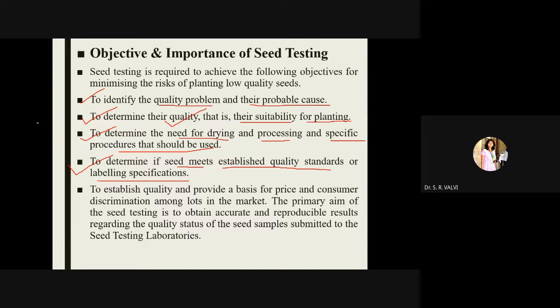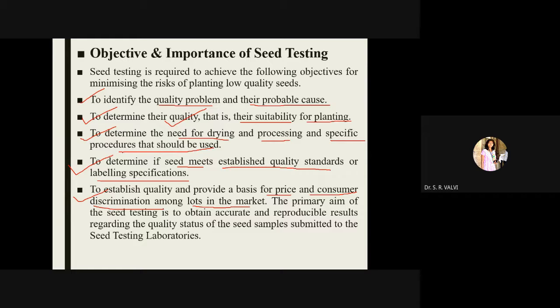So again we have to identify the labeling as well as the quality standards. Next, to establish the quality and provide a basis for price and consumer discrimination among lots in the market.